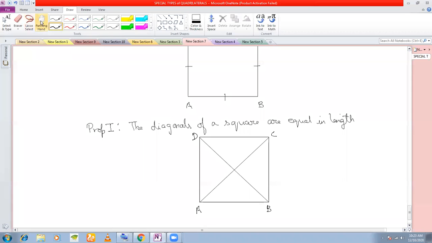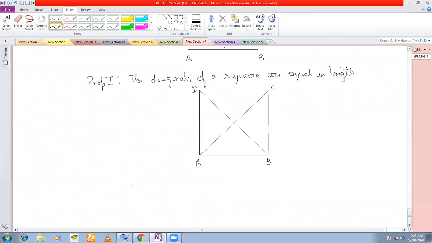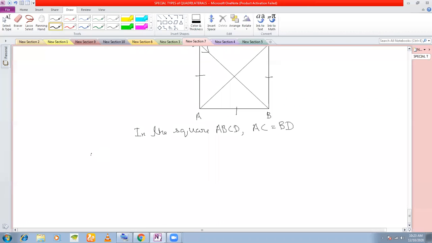So in the square ABCD, mark this to denote that this is a square. In the square ABCD, AC is equal to BD. That is, the two diagonals are equal. So this was the first property: diagonals of a square are equal.